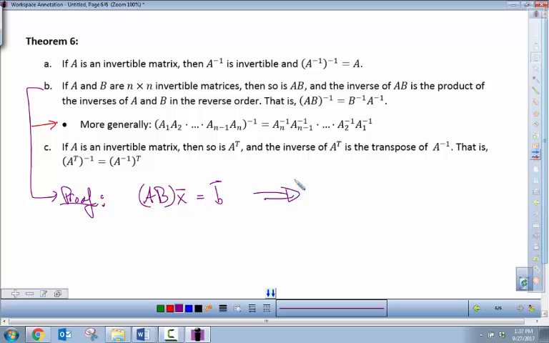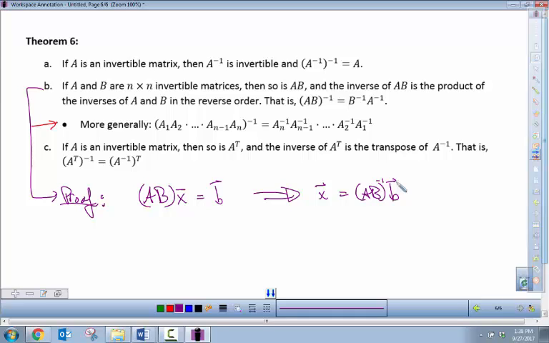According to one of the theorems that we had earlier, this is equivalent to saying x is actually equal to the inverse of whatever that matrix is times b. Is that correct? Oh, that's right.